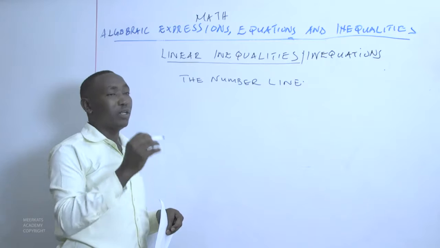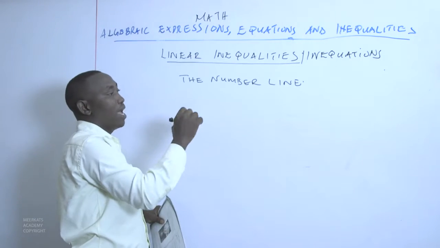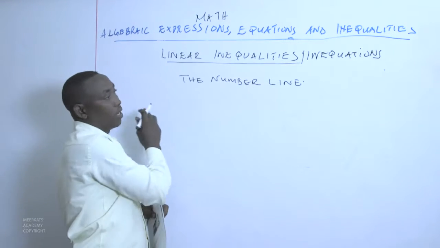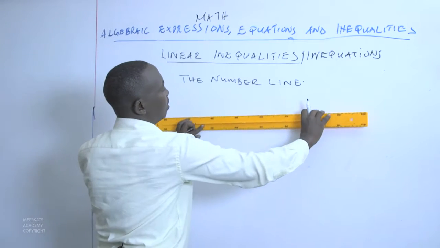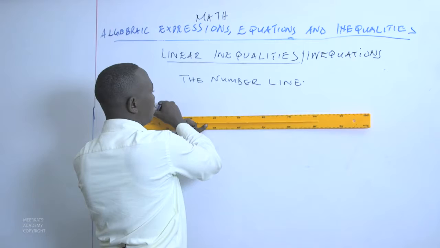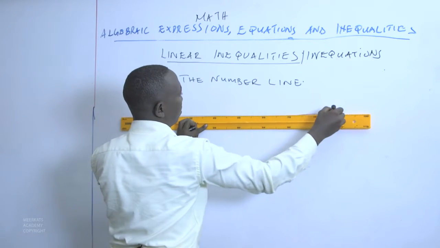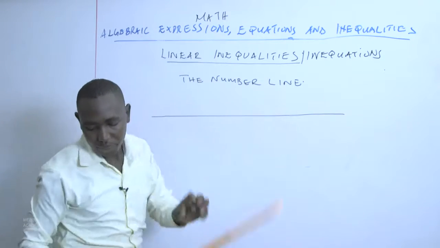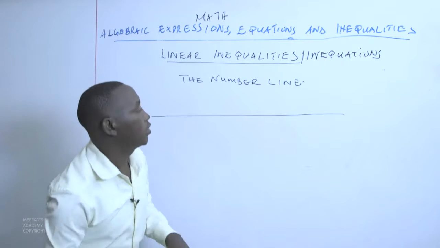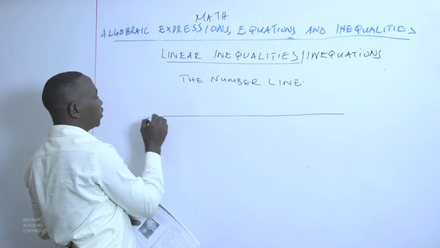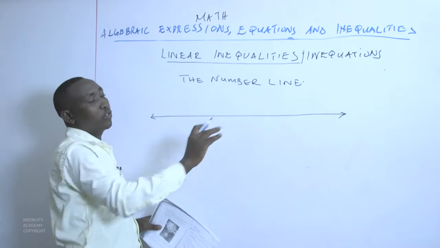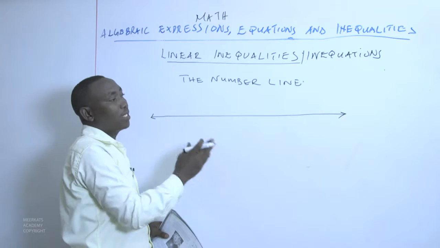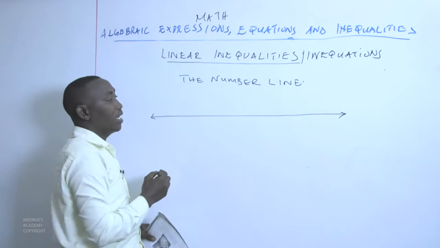To show that, you indicate an arrow at the end and also on this other end. So it's a line, and we indicate that the values will be continuing on the right and on the left-hand side.